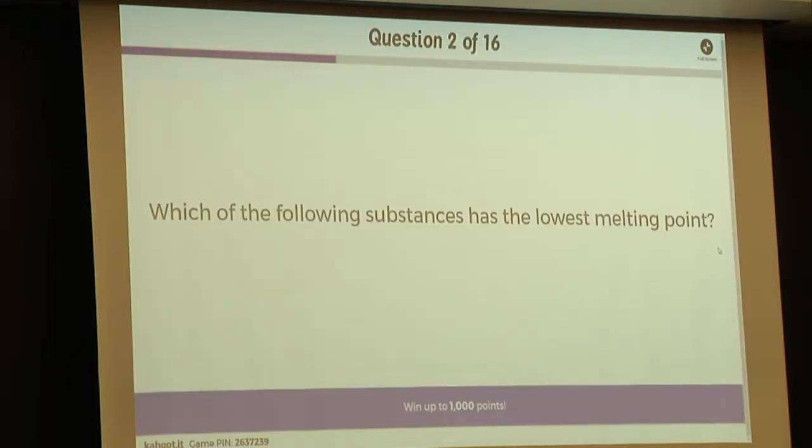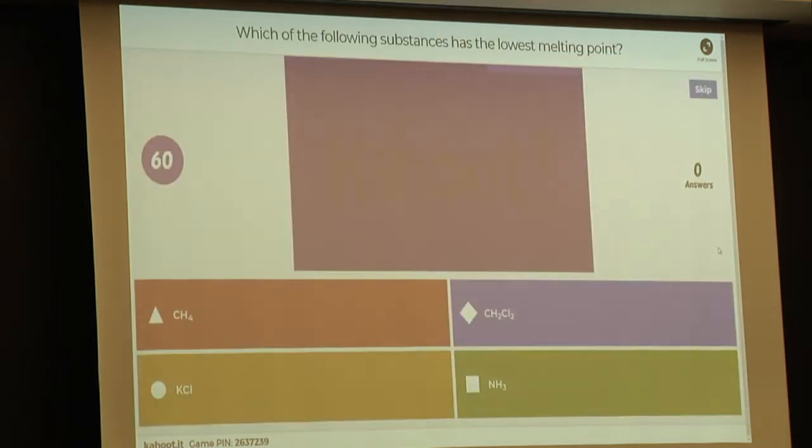All right, so which of the following substances has the lowest melting point? All right, it's kahoot.it, 2637239. The game pin's on the bottom.